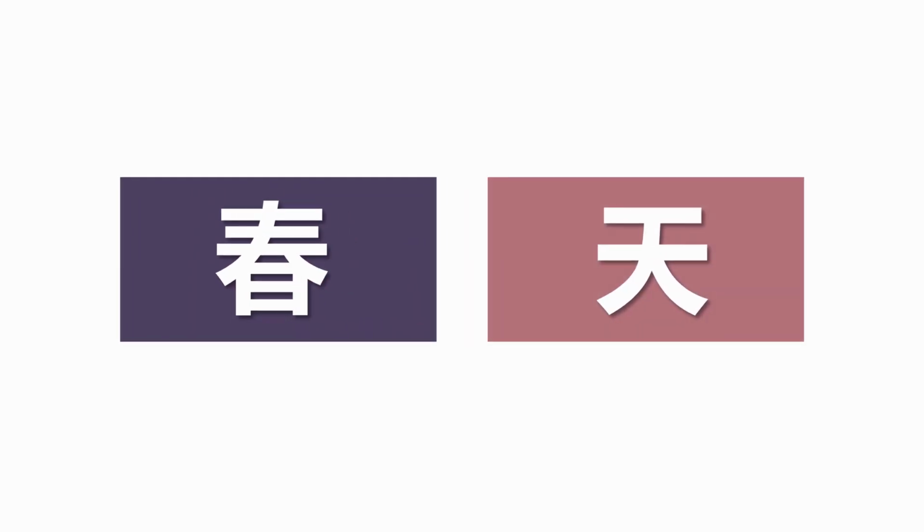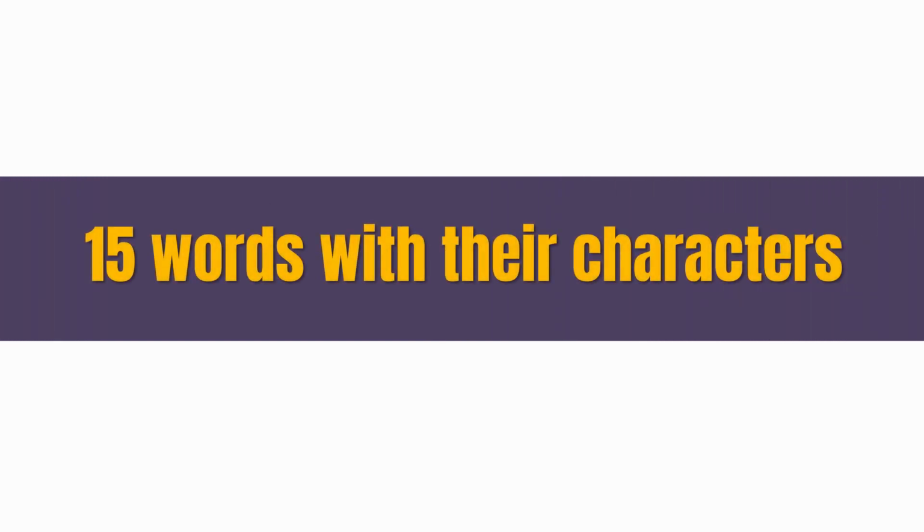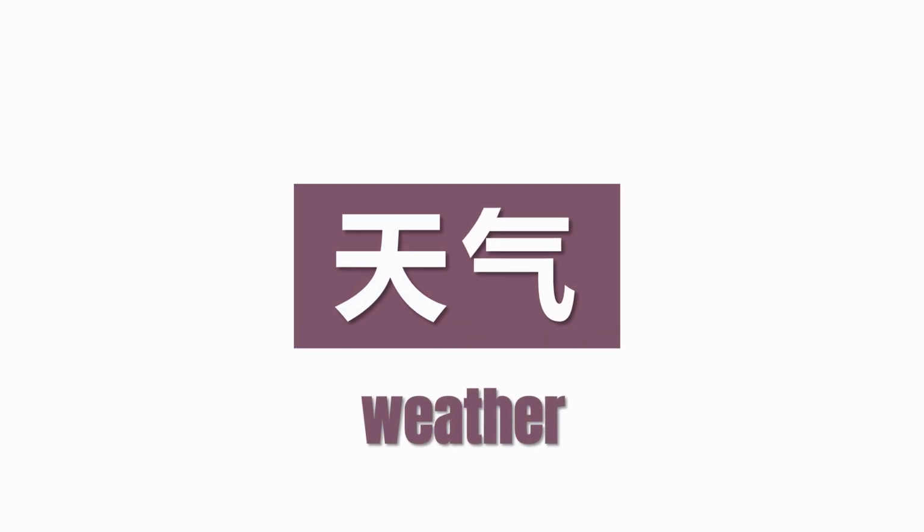That's why I only teach words and their characters. I do not teach single characters without contexts. That's also why I mentioned 15 words with their characters at the beginning of this video. I strongly suggest that you do the same. Learn the words first.